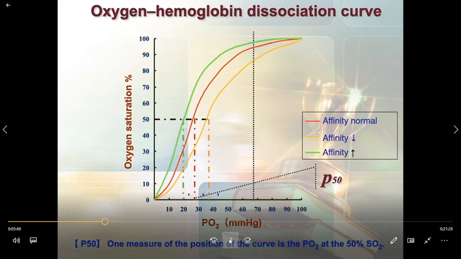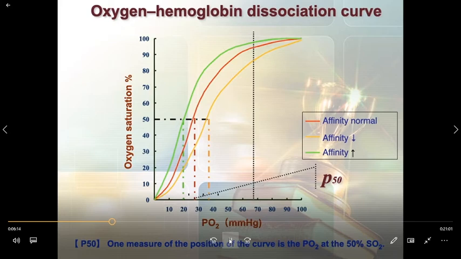So it's a good thing, it's easier or more prone to leave, to dissociate with hemoglobin. And at the other end, it's not a good thing.